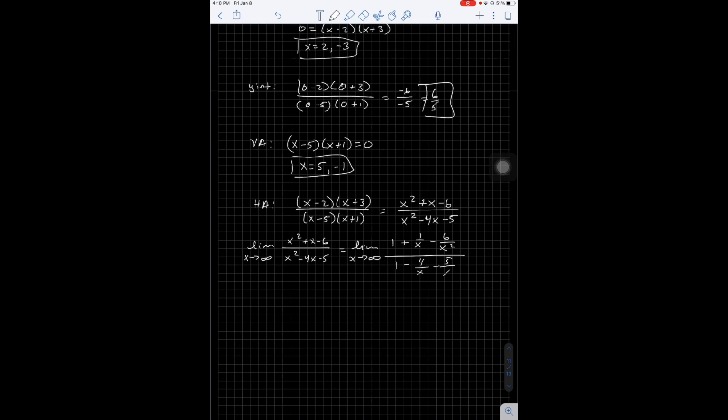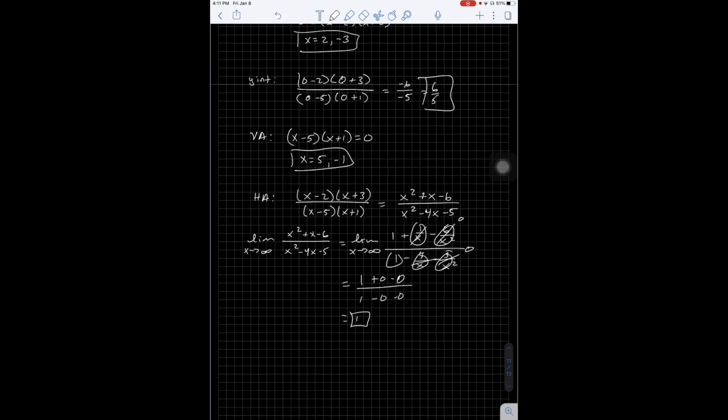And negative 5 over x squared is itself. As x gets very big, the 1 stays. These two things go to 0. The 1 down here stays, and these two things go to 0. So I get a horizontal asymptote of 1.